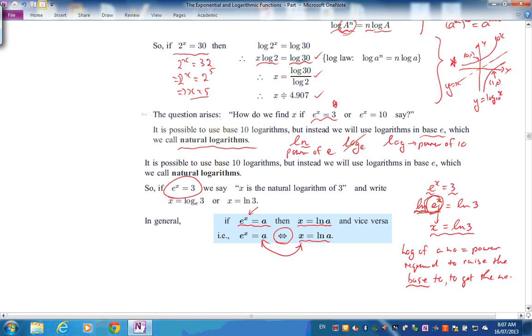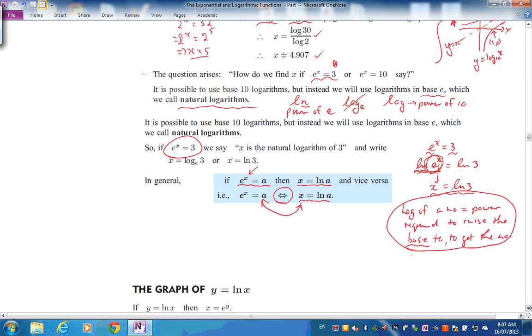Okay, so just revising this idea, don't get confused with logs. The logarithm, powers of a base, and now that we've discovered this special natural base e, we're going to use ln. Why? Because later on you're going to see a lot of functions, modelling functions with e in them, and we're going to see why that's important as well.